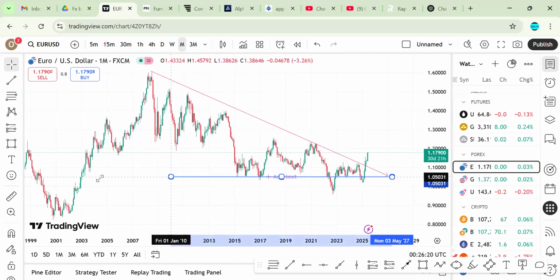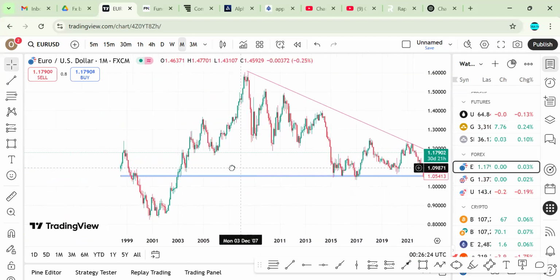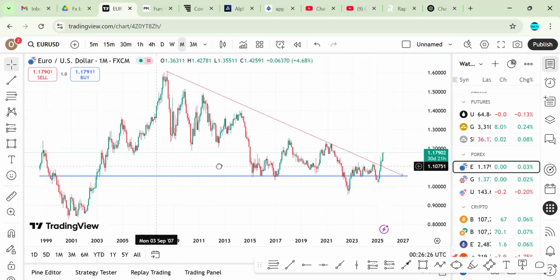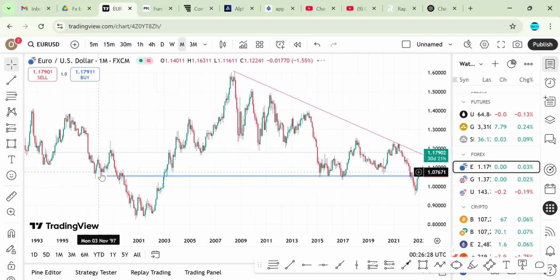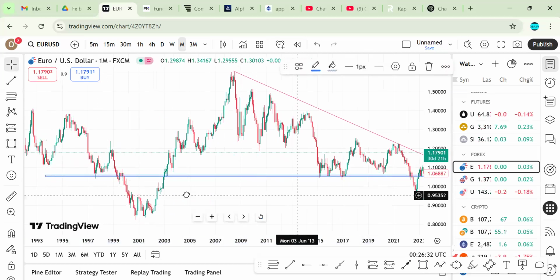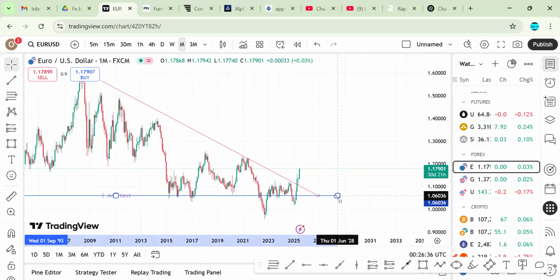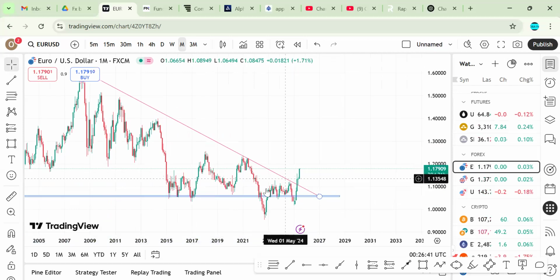A support. And if I stretch it to my left, you see that it has also rejected price severally in the past. Then I can as well stretch it a bit to my right because that's where price is going to.